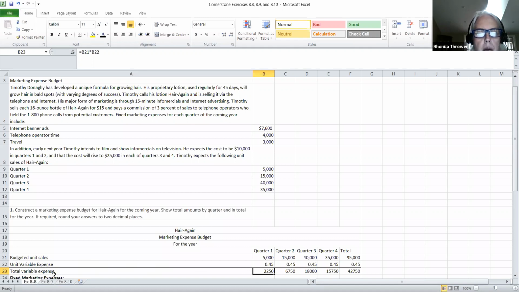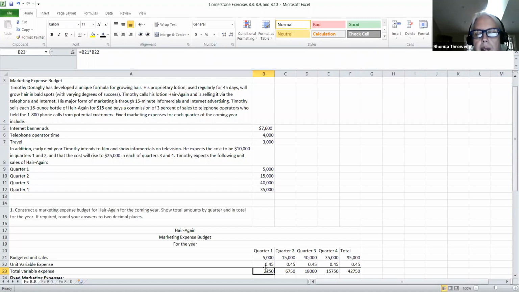To find the total variable expense, we would multiply the variable cost per unit, which is 45 cents if you took $15 and multiplied it by 3%.